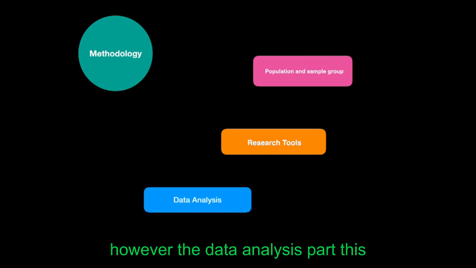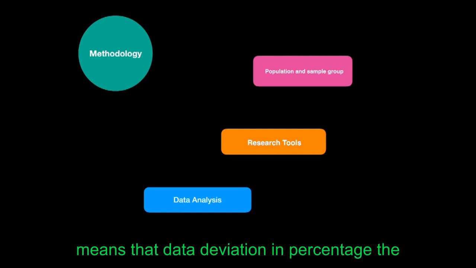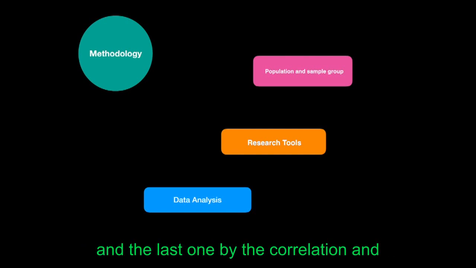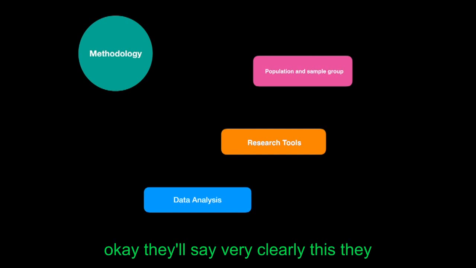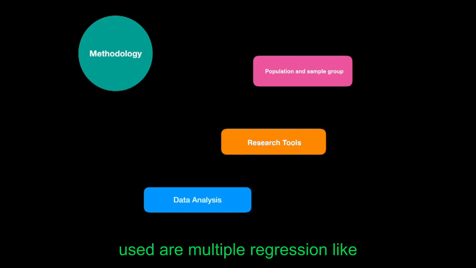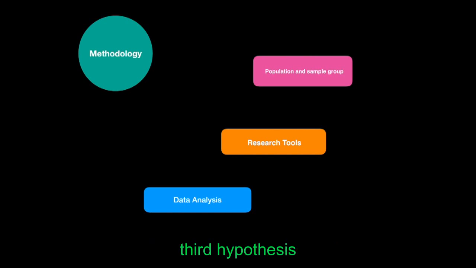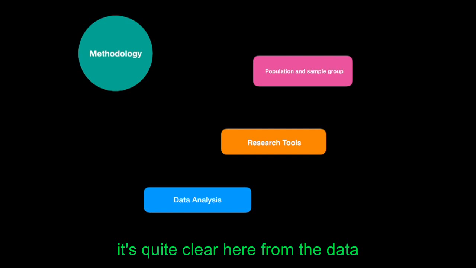However, the data analysis part, they said that they use the descriptive statistic, mean, standard deviation, and percentage. The second one, they said that it is one way ANOVA, and the last one by the correlation. And okay, they say very clearly that they use multiple regression, like a stepwise multiple regression for the third hypothesis. It's quite clear here from the data analysis.